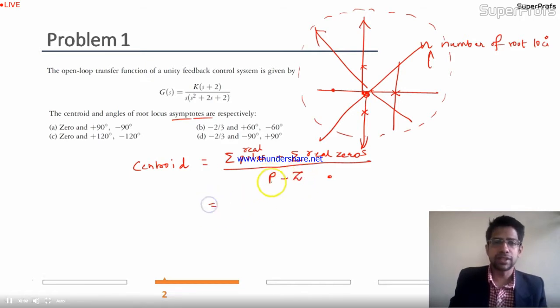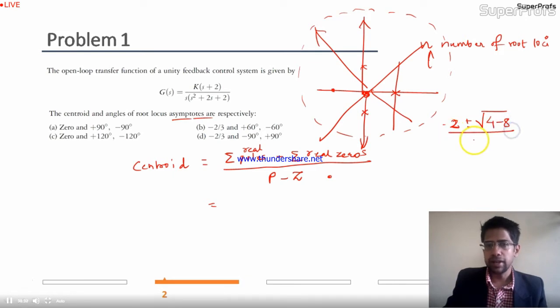So in this case, the summation of the real poles is minus 2. If you find the poles here, one of the poles is at 0, and if you find the roots here, you get minus 2 plus minus root of 4 minus 8, divided by 2.